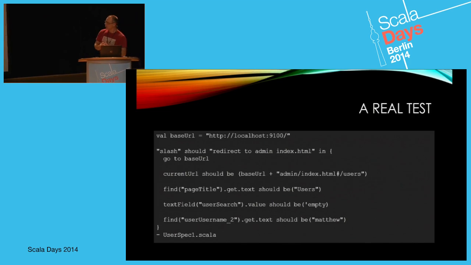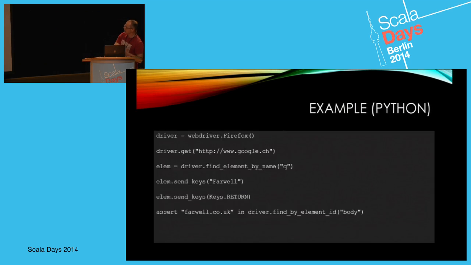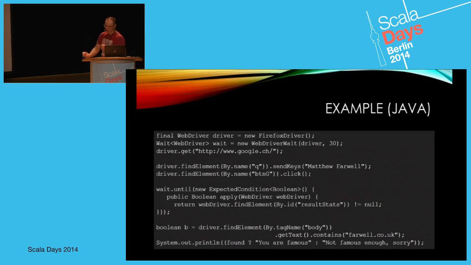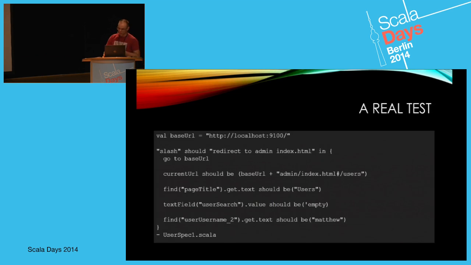We're checking that the thing that we have called page title, so we do a find on page title. Page title is either an ID, so it searches for an ID, and then it searches for a name. Okay, so if we go back to our original Java one, you can see here, we always have to specify either name or ID. But by default, the DSL, you don't have to specify either.